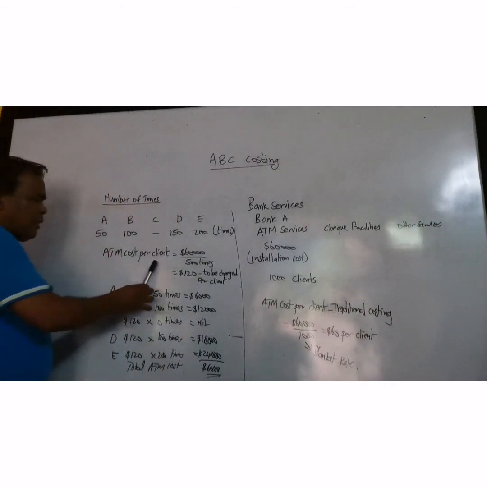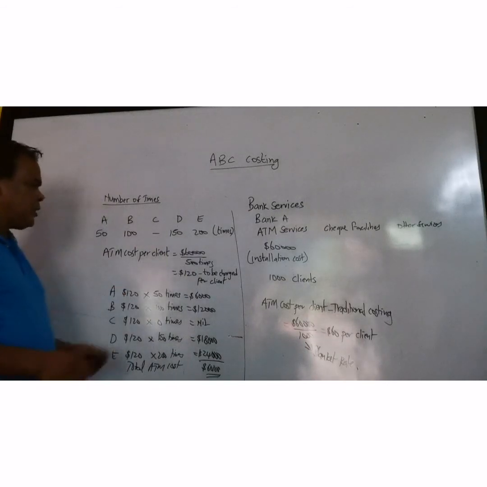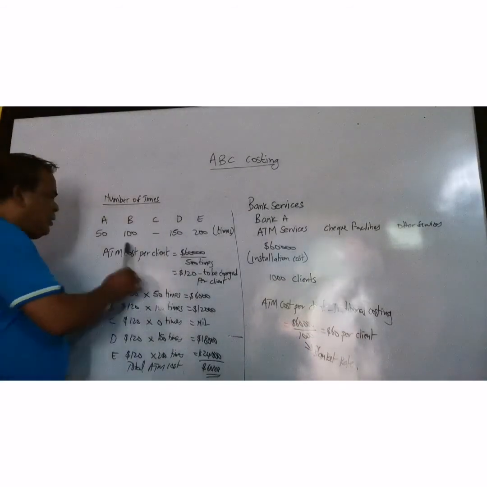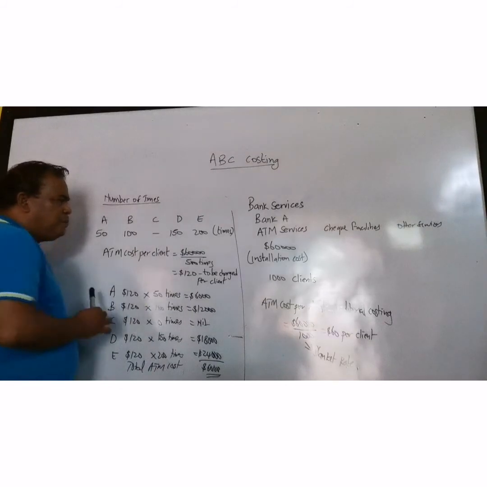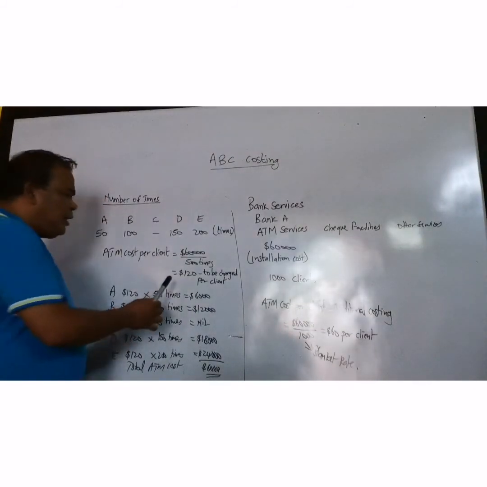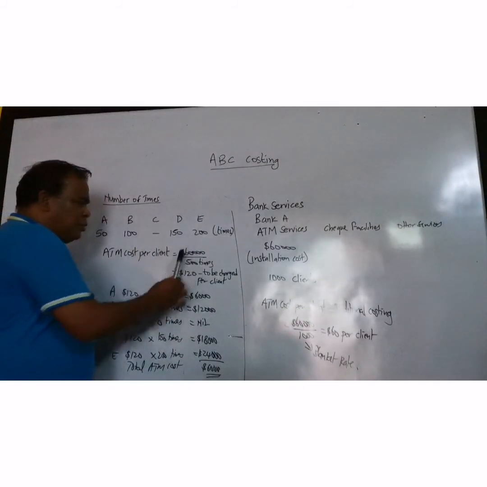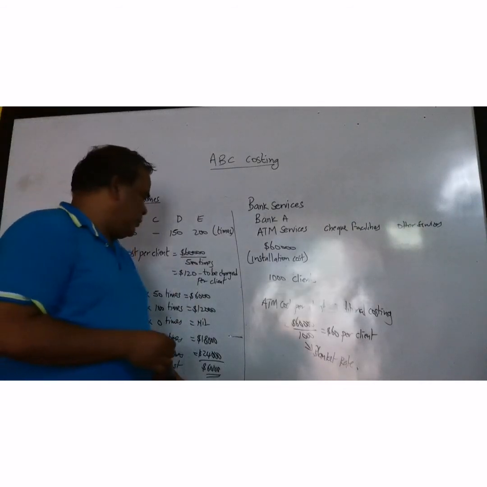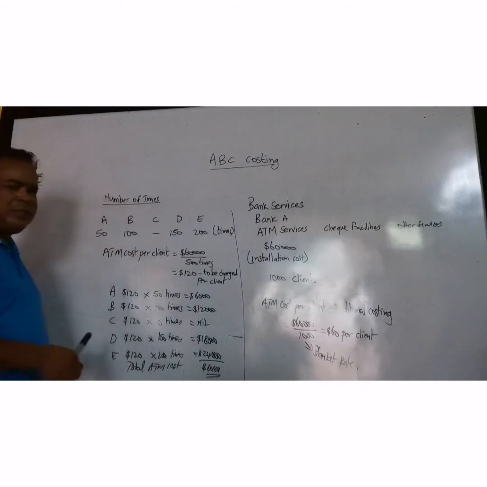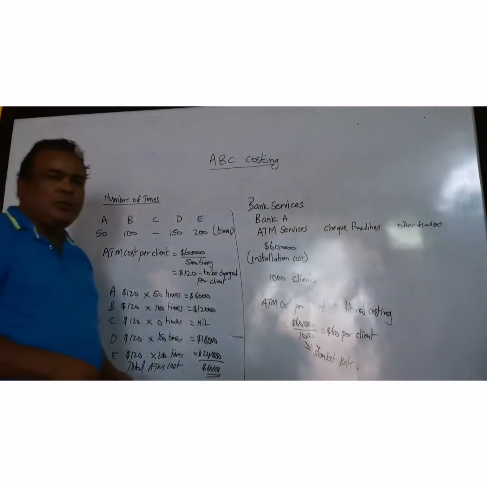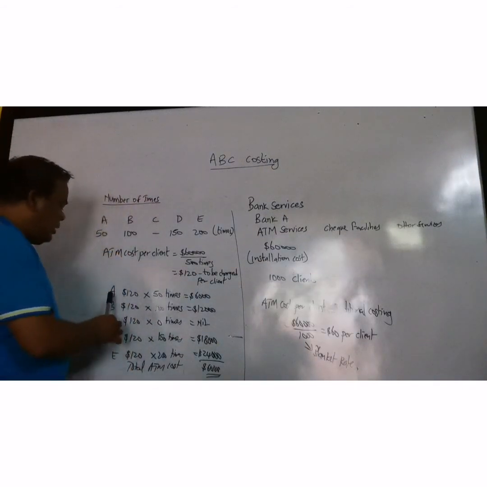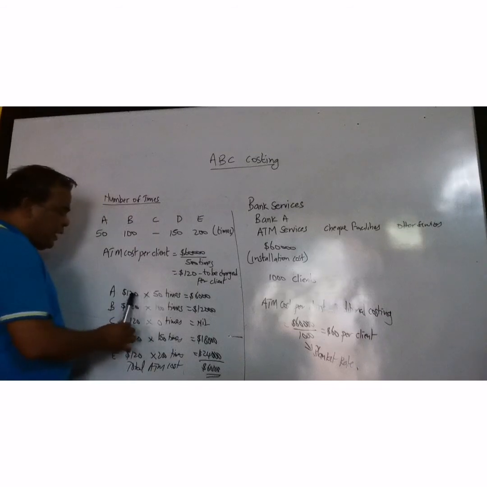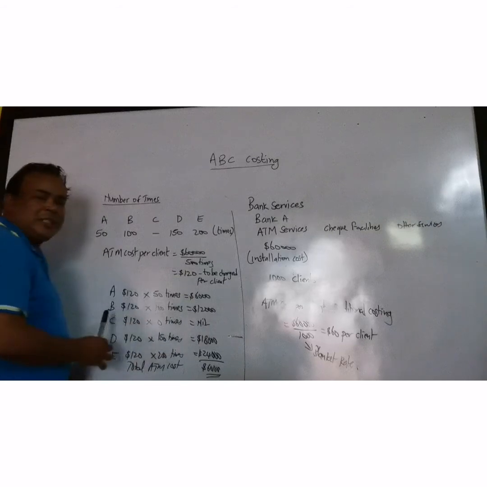So ATM cost per client will be $60,000 divided by the number of times the clients have used the ATM, 500 times in total. So $120 will be charged to the client depending on the number of times the client is using the ATM. So A is using the ATM 50 times, so A will be charged 120 times 50, $6,000.